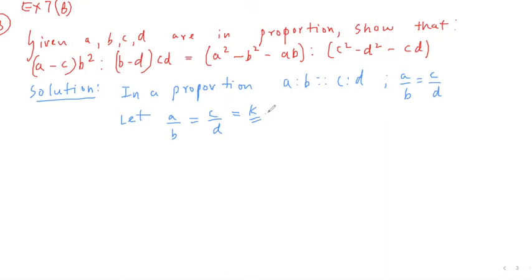It's simpler to use because instead of saying A by B and C by D every time, we can just substitute it with that one letter K. So since A by B is equal to K and C by D equals K, therefore A is equal to BK and C is equal to DK.